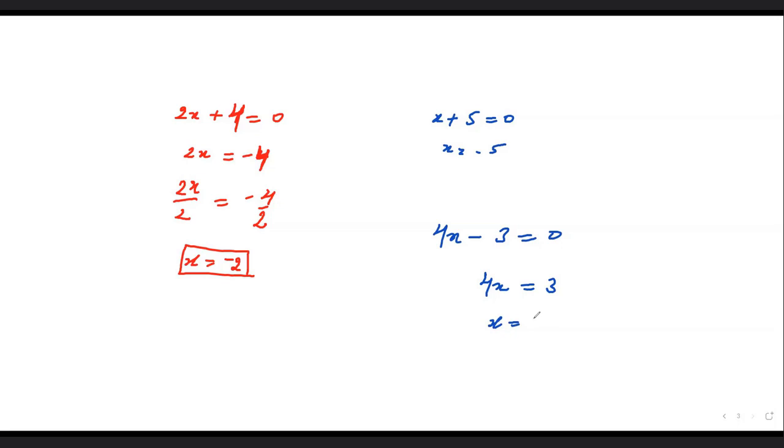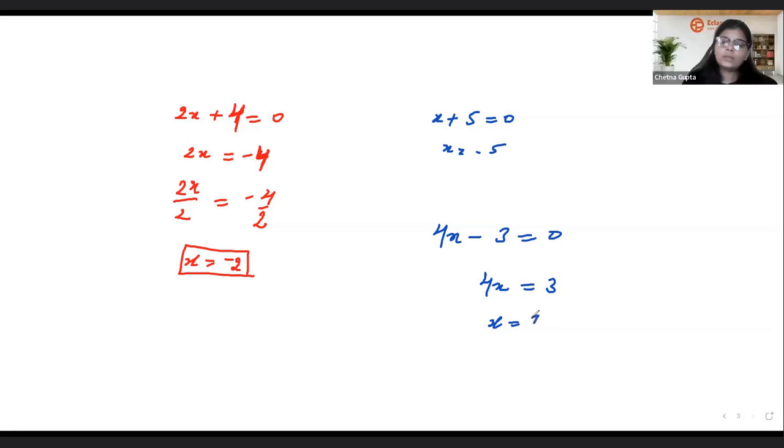It is 3 by 4. It's not 1.2. You have to divide both sides by 4 now. So this is 4x divided by 4, this is 3 by 4. So x is equal to 3 by 4. Just write your answer in fraction, no problem.